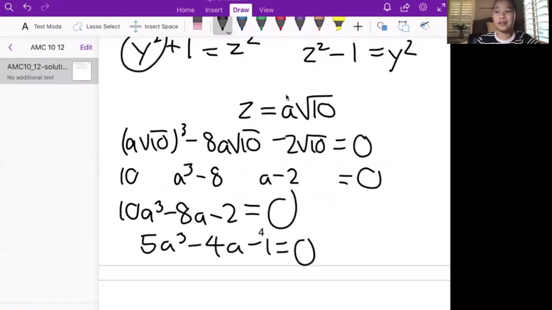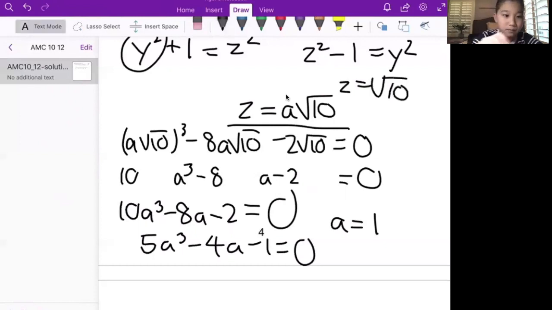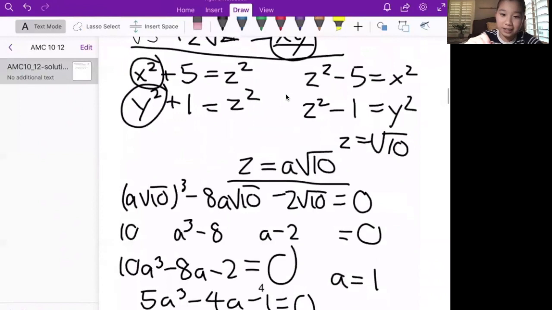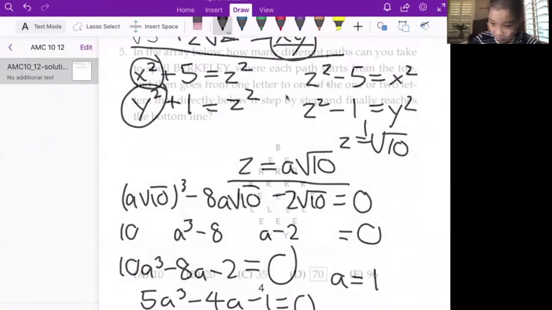By quick inspection or by rational root theorem, you'll find that a equals 1. So we defined z as a root 10, so z equals root 10. So our answer is root 10. Z is exactly root 10.